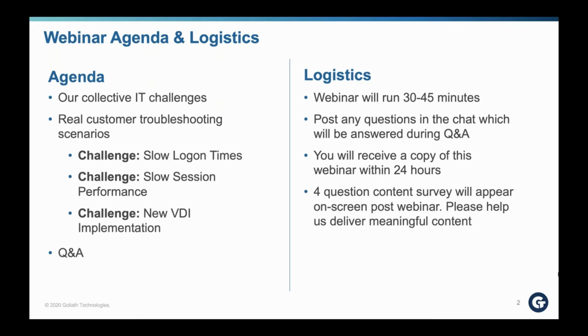And from there, Johan and Yemi are going to walk through 3 specific customer examples around slow logon time, slow session performance, and something we see quite often, which is a brand new VMware Horizon deployment moving from Citrix to VMware. And we're going to show a demonstration on how, through these 3 scenarios, you can more effectively monitor and troubleshoot end-user performance experience issues.